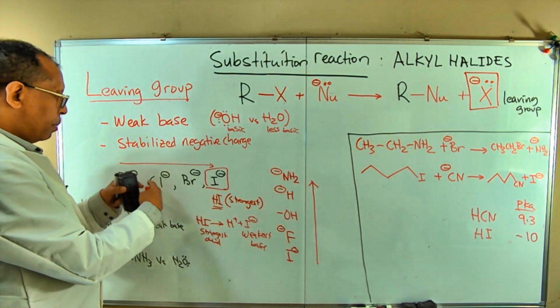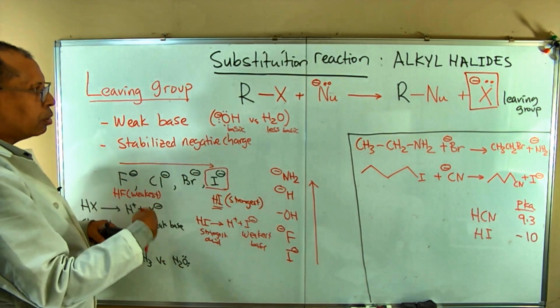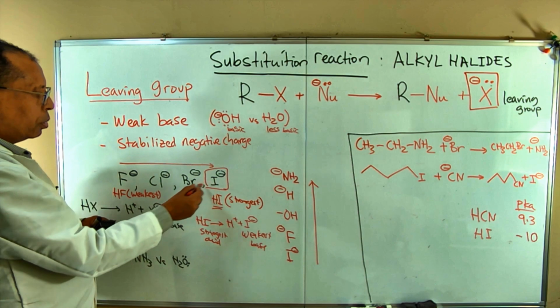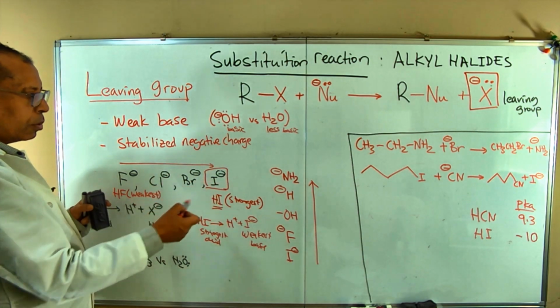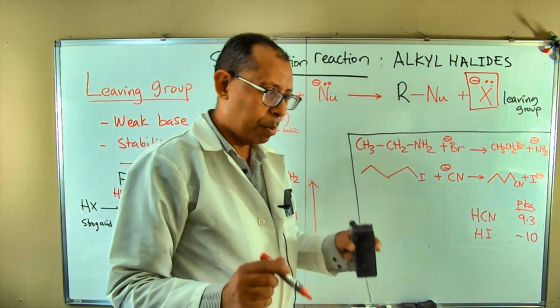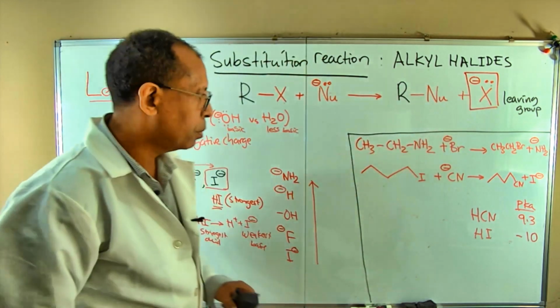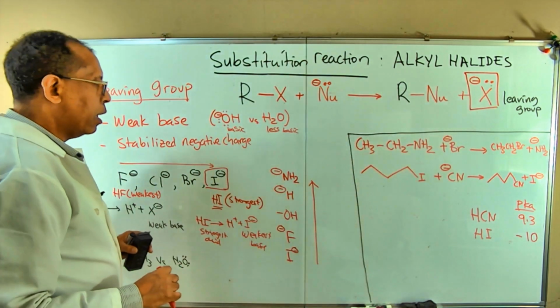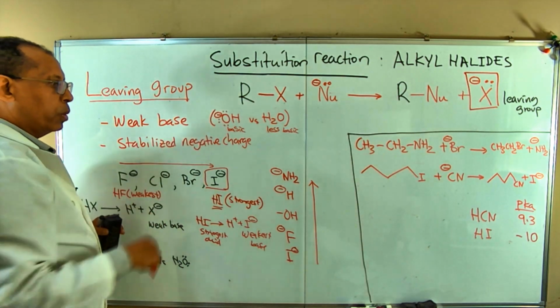But if somebody gives you this series and asks which alkyl halide you want to use as a reactant, the best will be alkyl iodide, then alkyl bromide, and so on. So if this is a very strong base, that's not a good leaving group. So you don't use that as a leaving group or as an alkyl halide to start with.